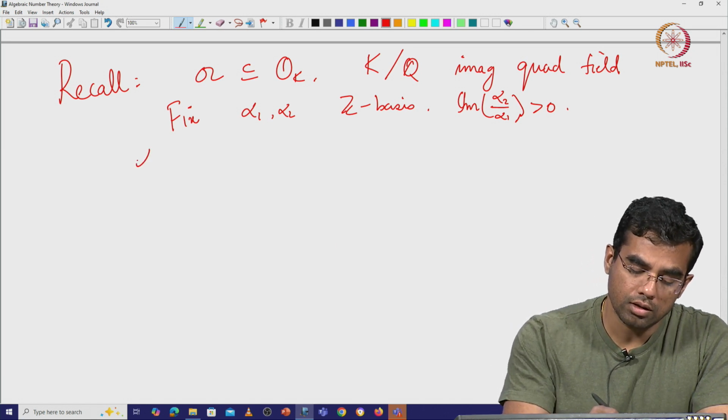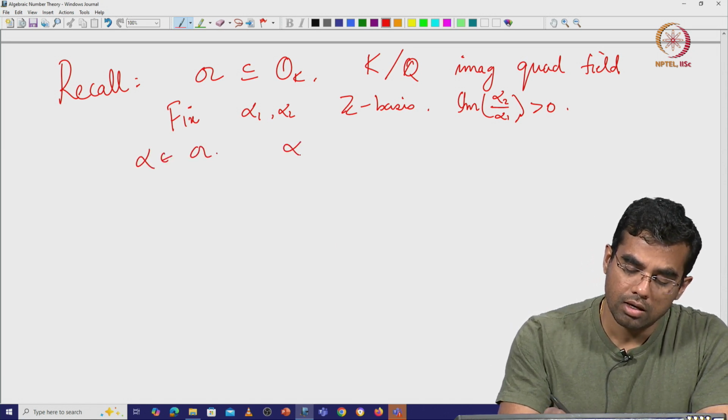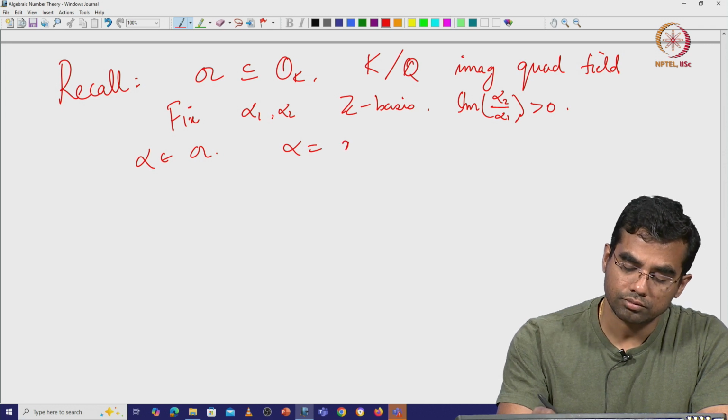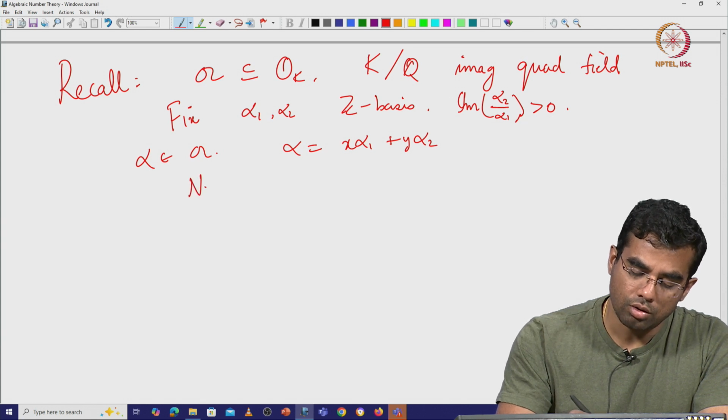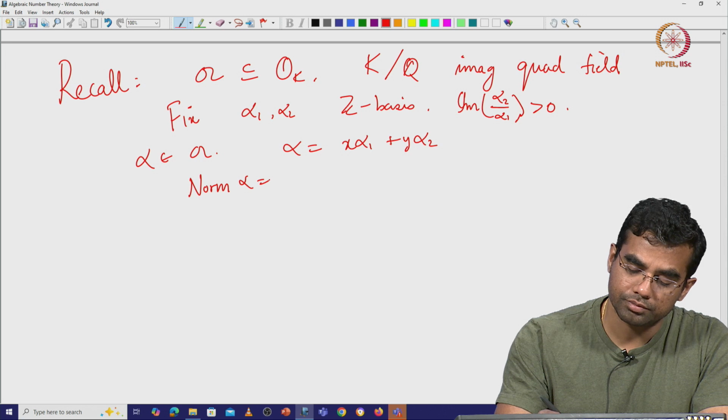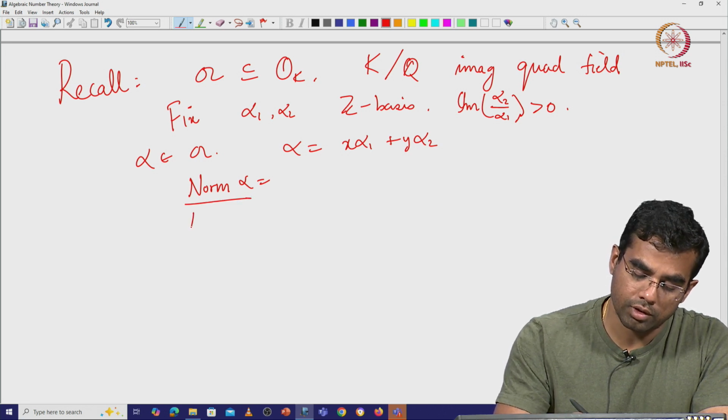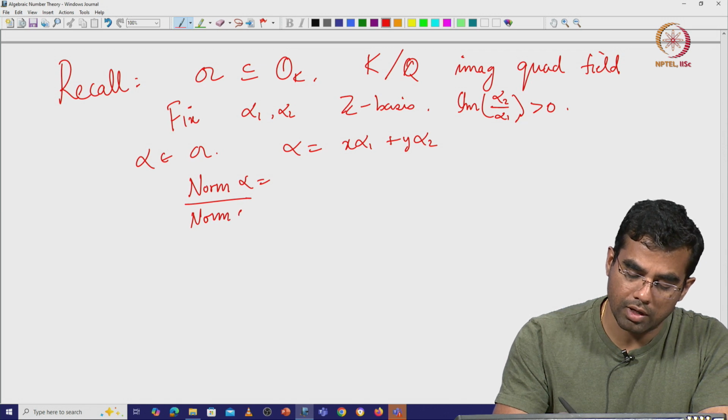We wrote any alpha in A as x alpha 1 plus y alpha 2, and then you take the norm of alpha. I will write down directly what we had.